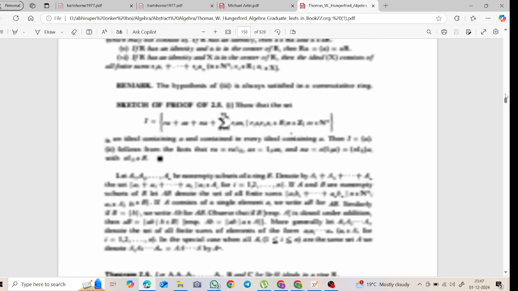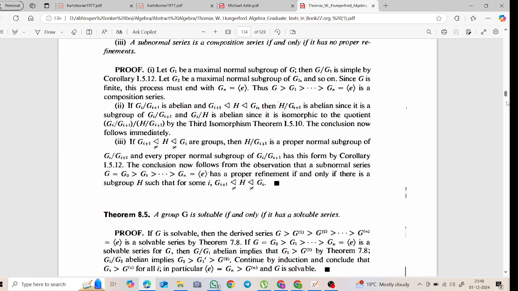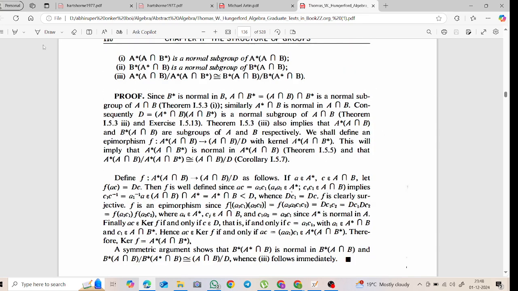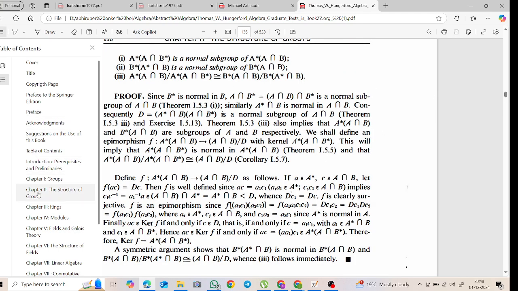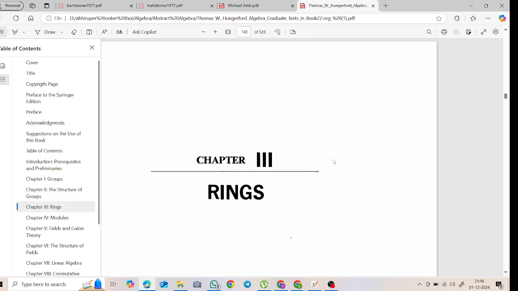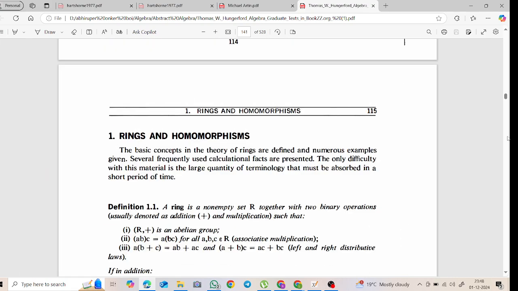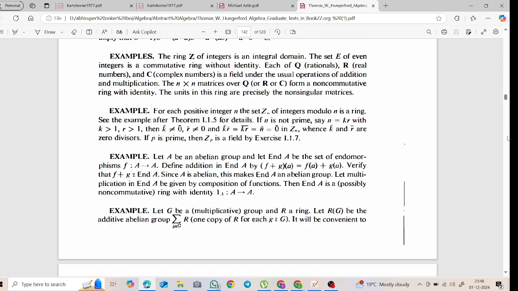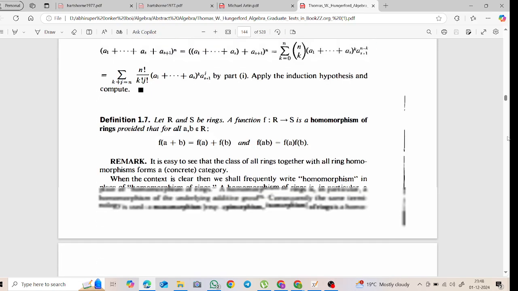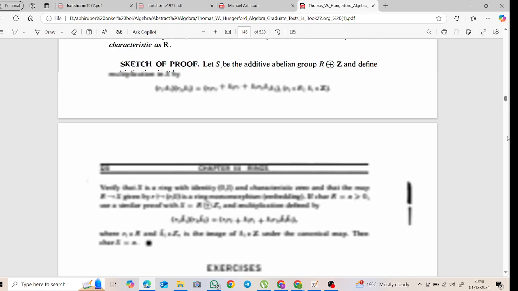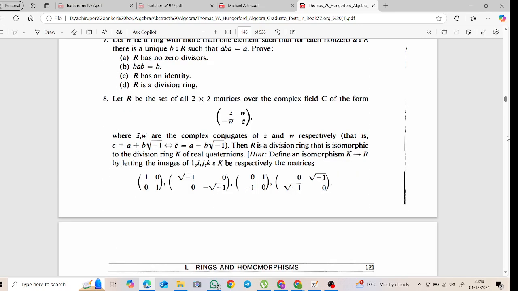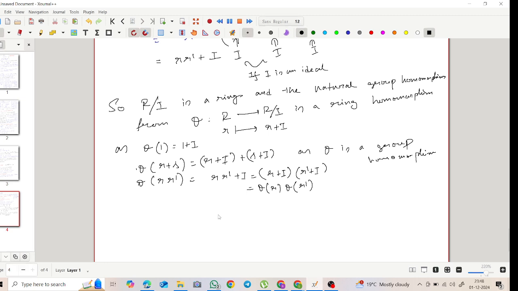I will request you to go through the first section of rings. Just read the basics, nothing much is needed. Rings and homomorphisms, that's it. Okay, so let's conclude today because I don't know when this computer is going to be shut down again.